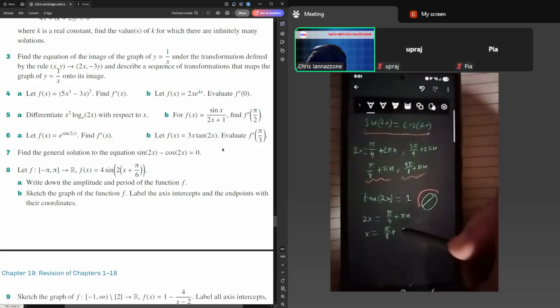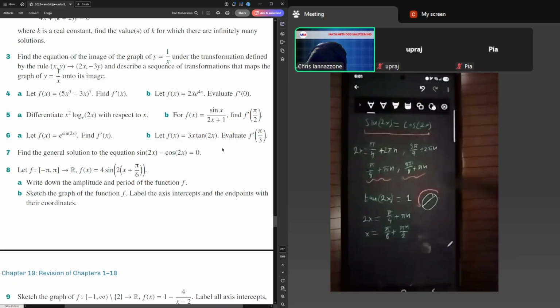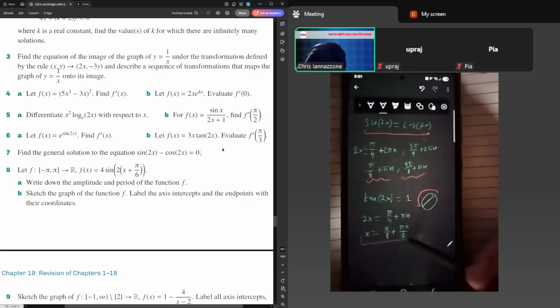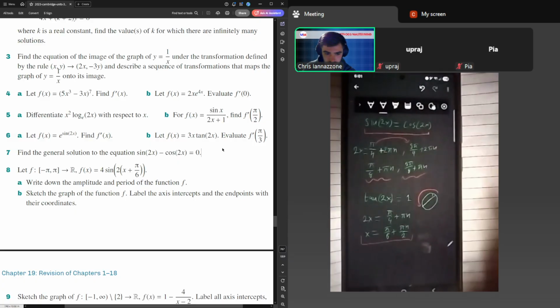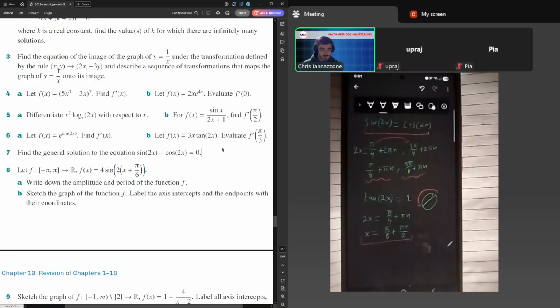Pi over 8 plus pi n over 2. That's how that ends up simplifying. It's a bit harder to see here. I guess the challenge is to see that these two are separated by pi. So instead of doing full 2 pi revolutions, you just do 1 pi revolutions and knock one of them off. Is it clear enough why that can be simplified further?